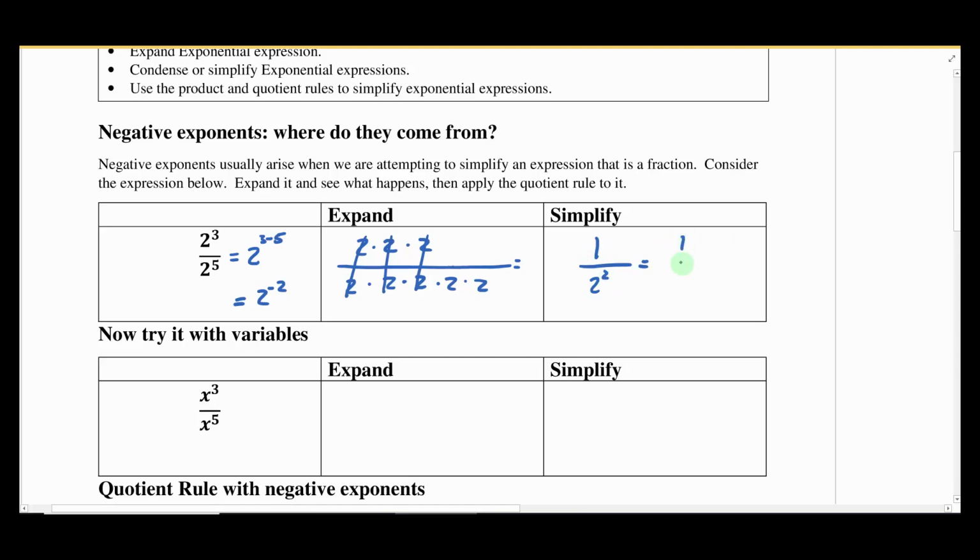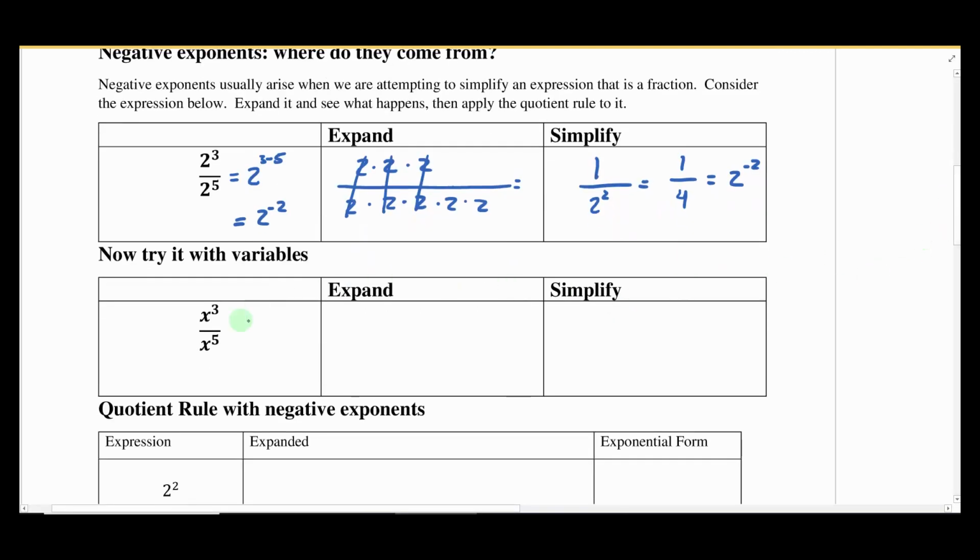So we can rewrite this as 1 over 4. There's a number of different ways, which is kind of weird with negative exponents. So we have 1 over 2 squared, 1 over 4, and this is also equal to 2 to the negative second power.